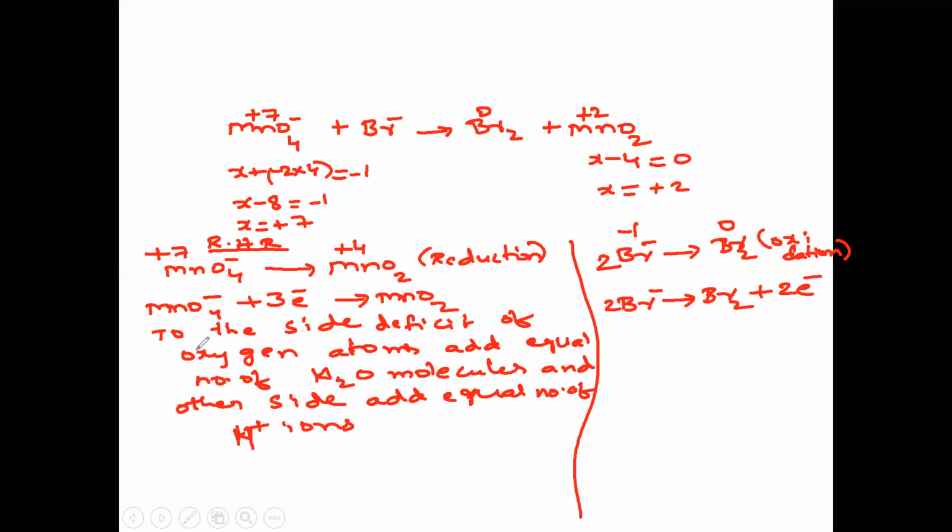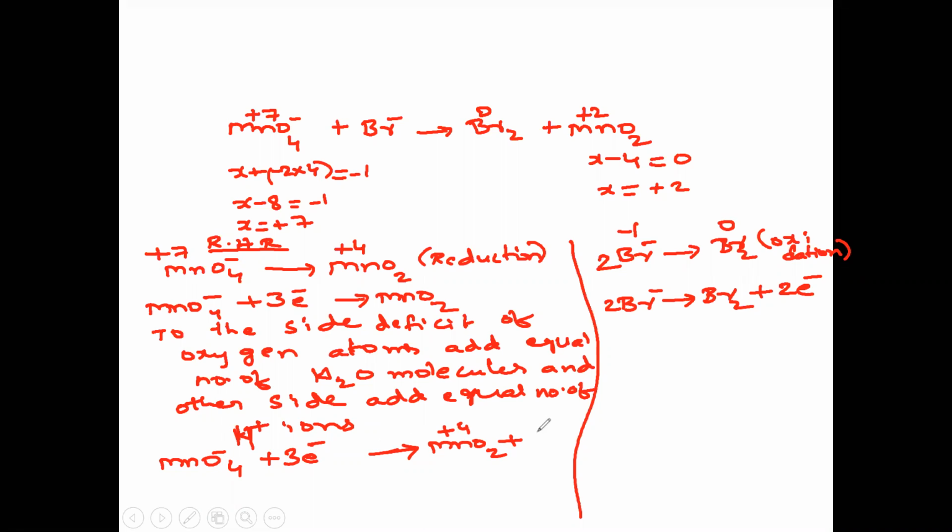So, MnO4 minus, here manganese oxygen atoms are 4, and here it is 2. Using H plus and 3 electrons, MnO4 minus plus 3 electrons gives rise to MnO2 plus... how many oxygen atoms on the right hand side? 2.